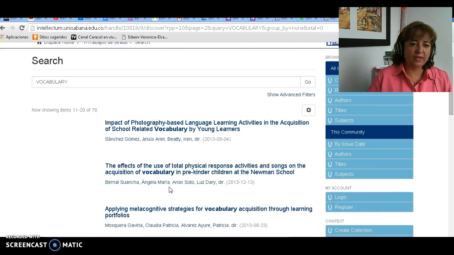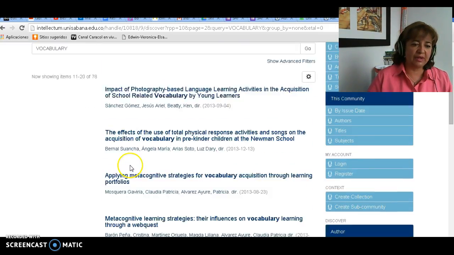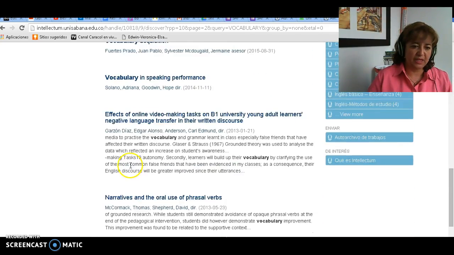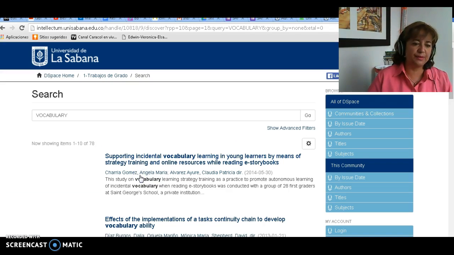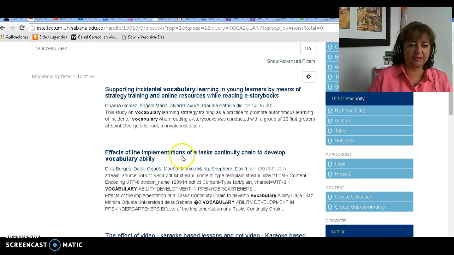Once you get there, an analysis that will help you is to see how you can structure your research question. An important fact is that you identify what exactly you want to cover in the research project. If you have an area like vocabulary, it's better for you to go to a specific area, in this case, incidental vocabulary.